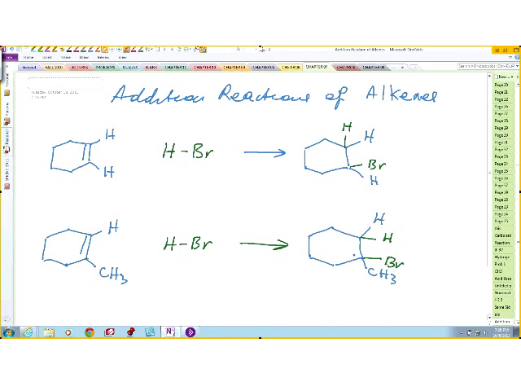So therefore, we call this type of reaction a regio-specific reaction, because the reactant goes to a specific position on the carbon-carbon double bond. You like that? We call it a regio-specific reaction.